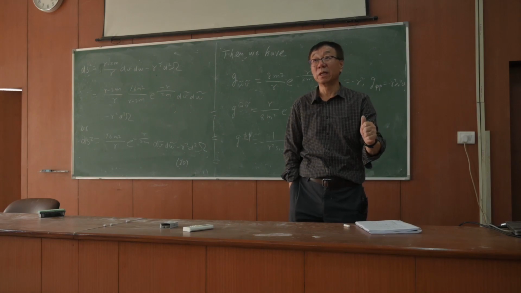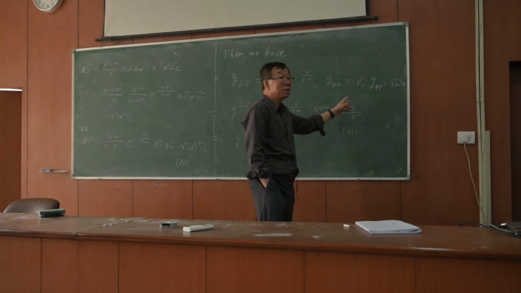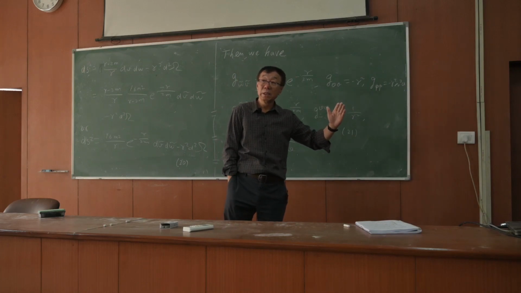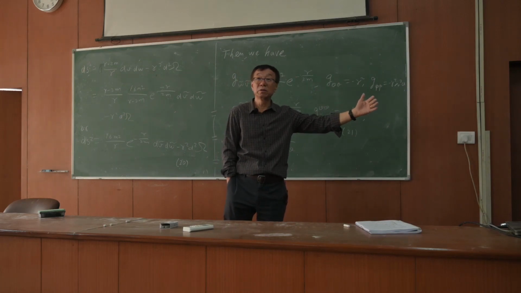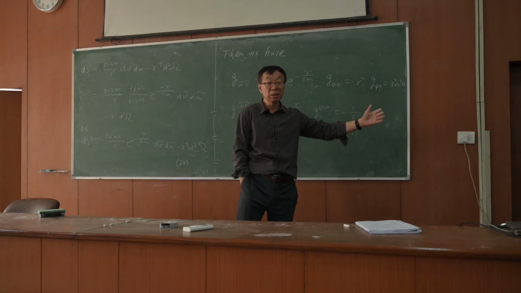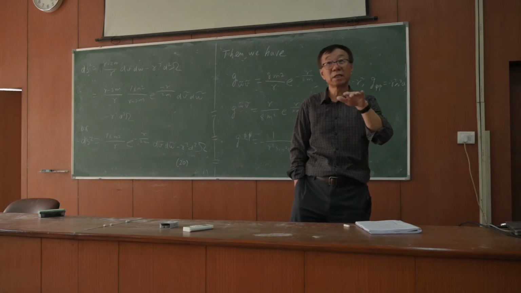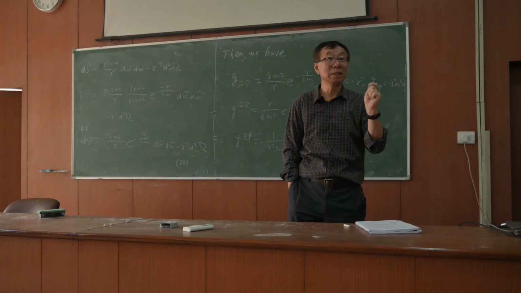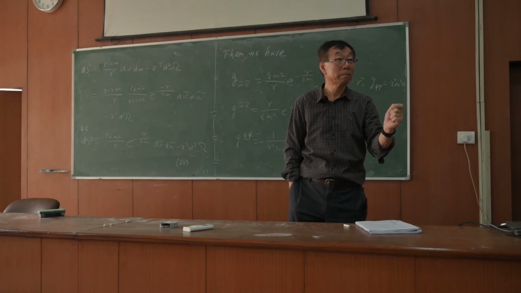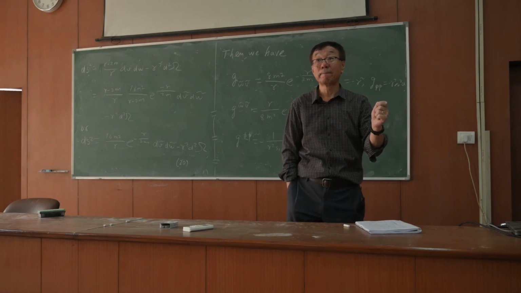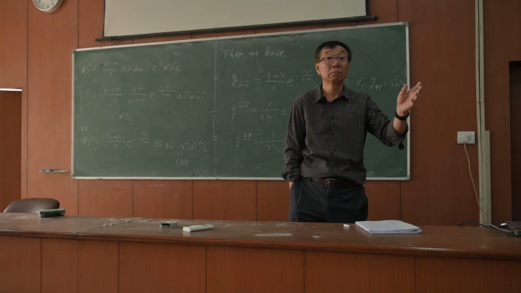And more important, like what I emphasized before, this extension from r less than 2m to greater than 2m, crossing r equals 2m, is analytic. Remember the importance of why analytic: if it's not analytic, you can have infinite extensions.